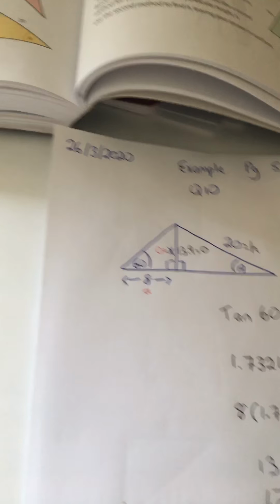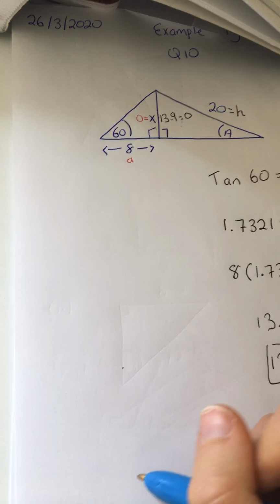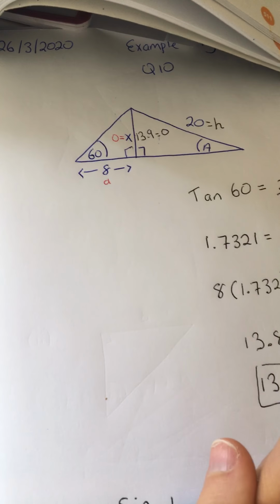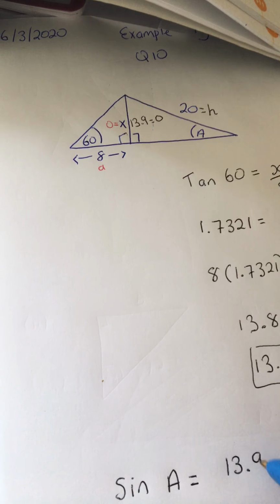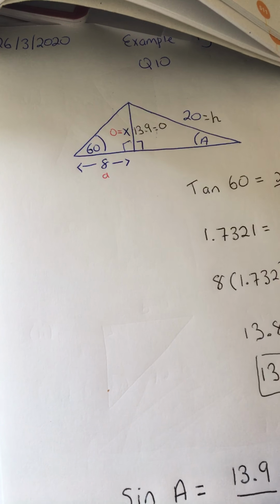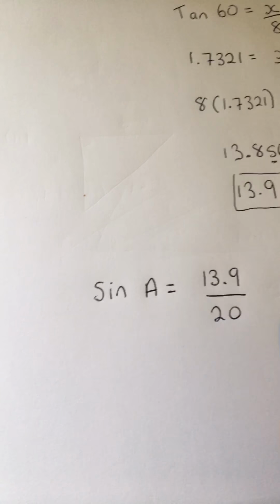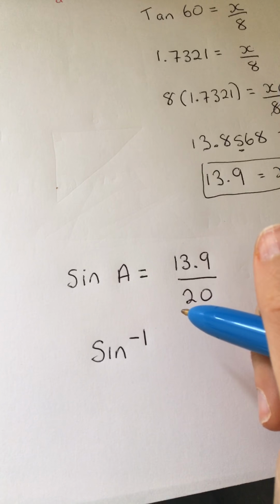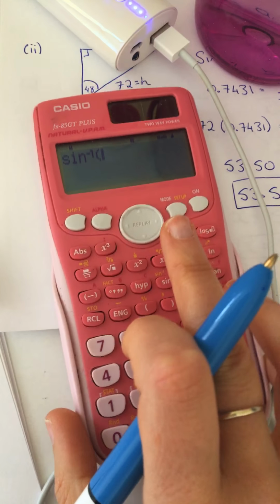Now we're going to choose either sine, cos or tan, and we're working with opposite and hypotenuse, so we are working with sine. We don't know the angle, so it is sine A equals opposite, which is 13.9, over hypotenuse, which is 20. When we don't know the angle, we need to work backwards, meaning we use the function sine minus 1, that's sine inverse. The way we get that is we press shift, sine, and it comes up like that.